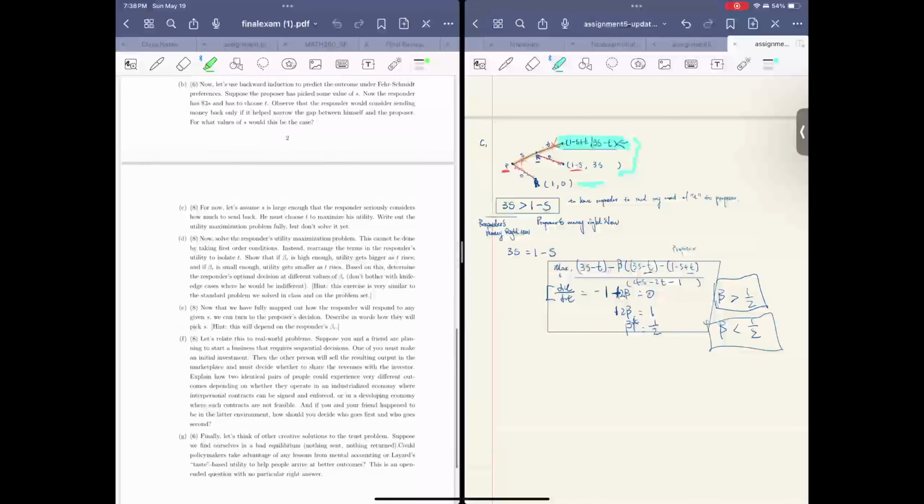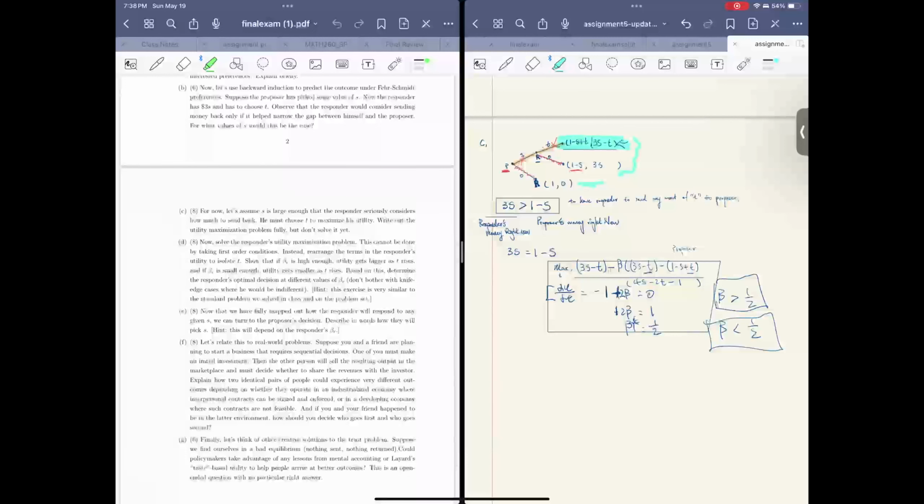Try to be comfortable with multiple period utility maximization problems too, because that might appear on the exam. And definitely mental accounting, since you have the homework for mental accounting.